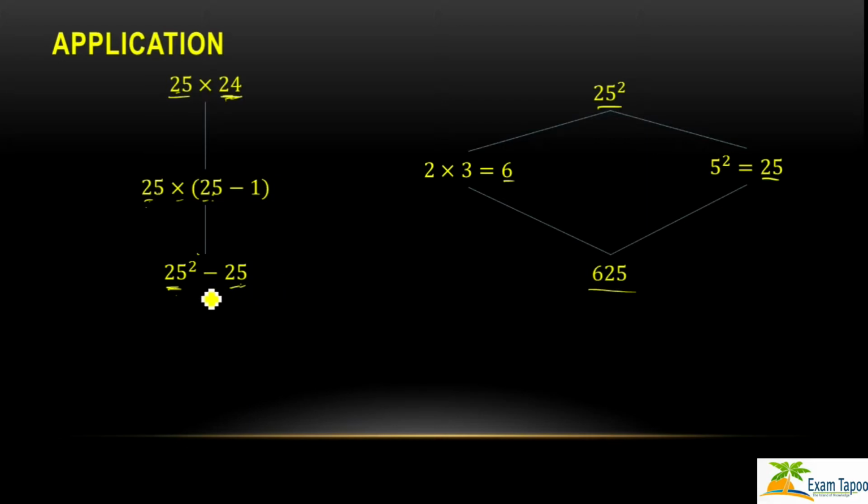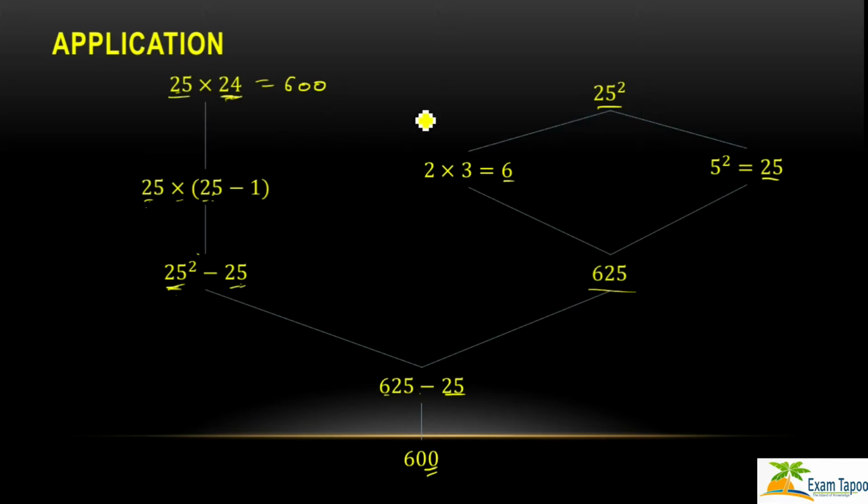In place of 25 square, I can write 625, and it will give you 625 minus 25. Now if you calculate this 625 minus 25, it gives you 600. So I got the result of 25 times 24 as 600.